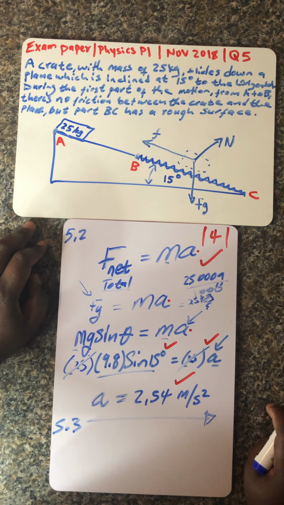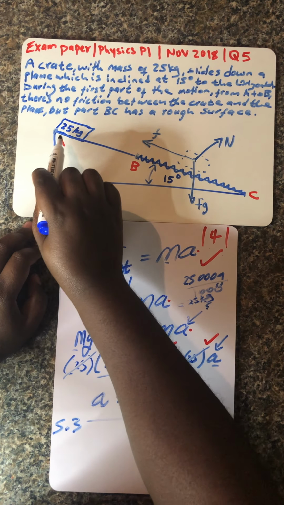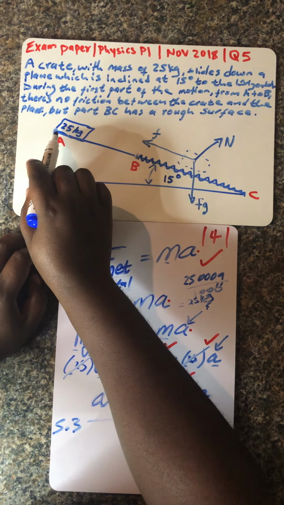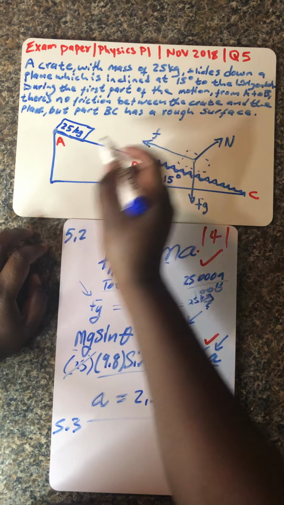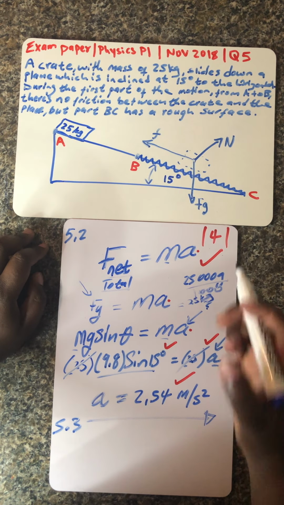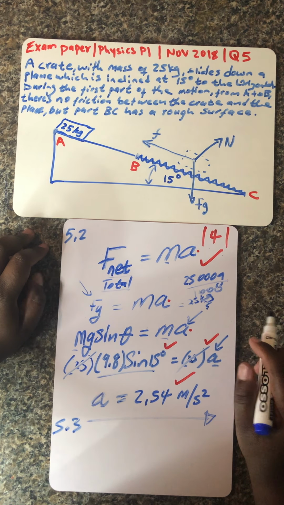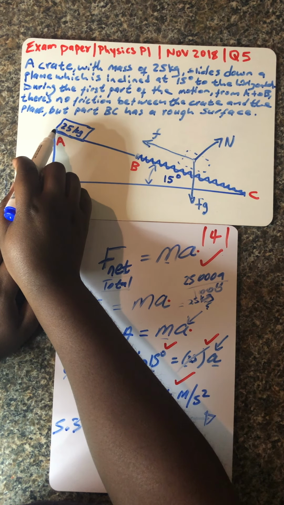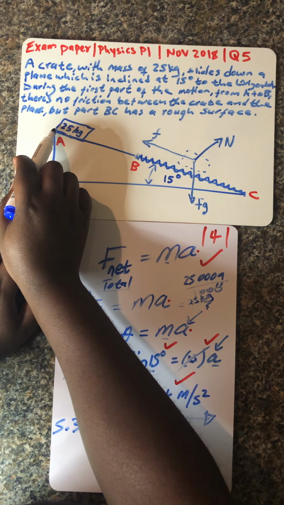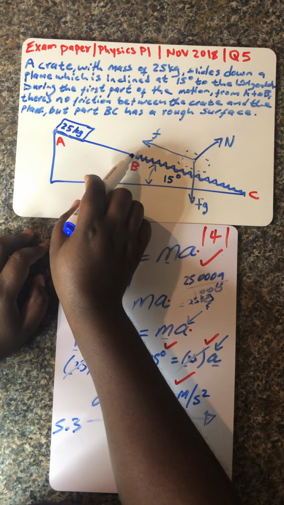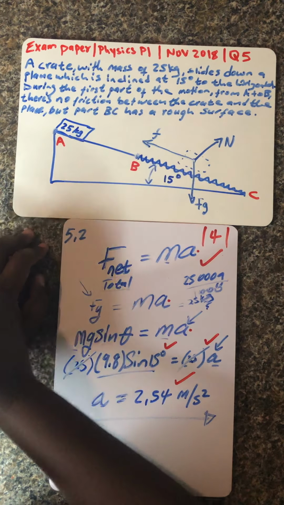Guys, I'm just going to indicate to you that when this crate moves from A to B, its velocity or speed is increasing. So its acceleration increases. Remember, guys, it may be sliding at a speed of, let's say, 2 kilometers per hour from there, and when it gets there, its velocity would have increased.